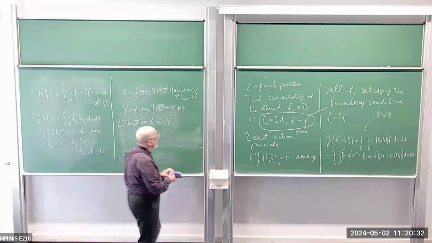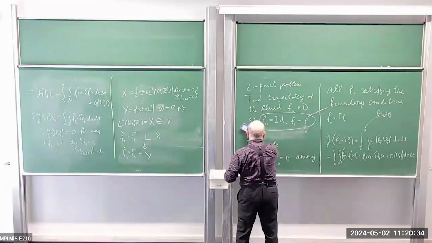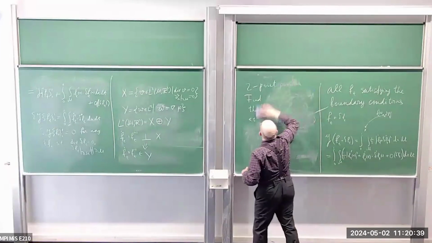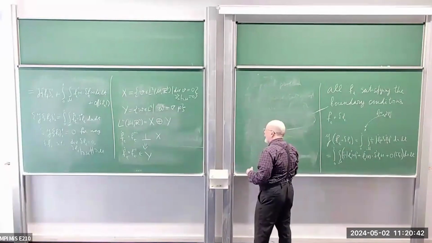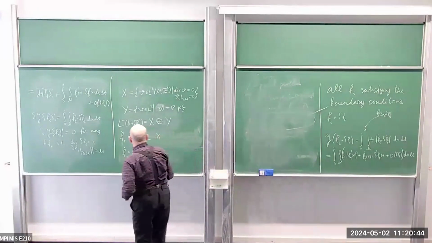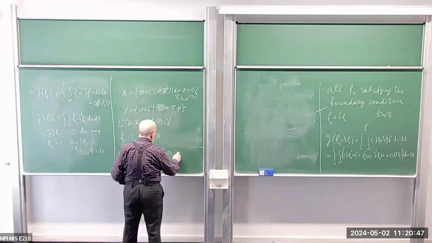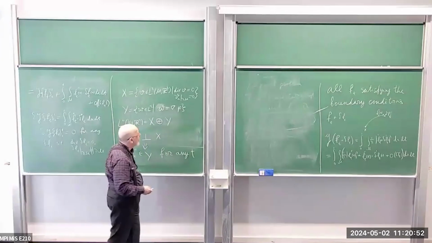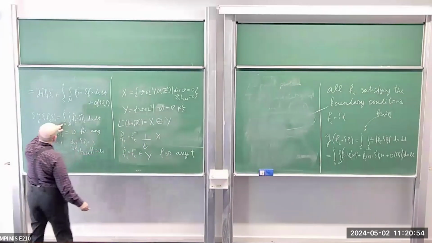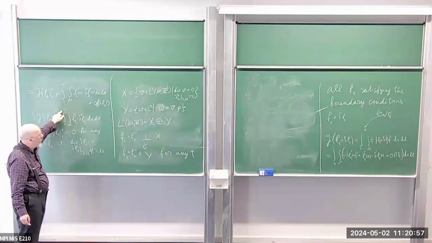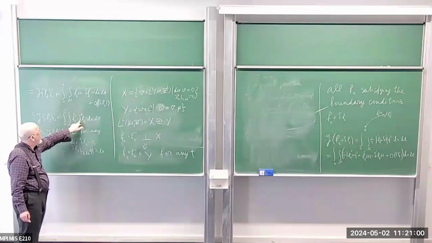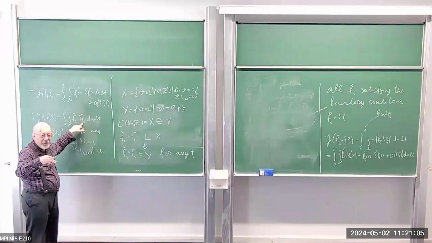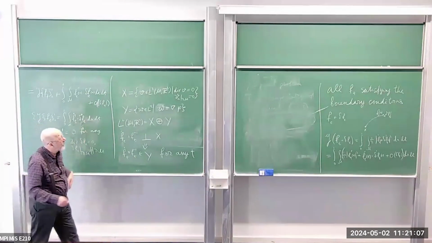If it belongs to Y, this means that it belongs to Y for any t. Because here is also the time integral. Yes, but we can vary this variation arbitrarily depending on t. So it is true for any fixed t.